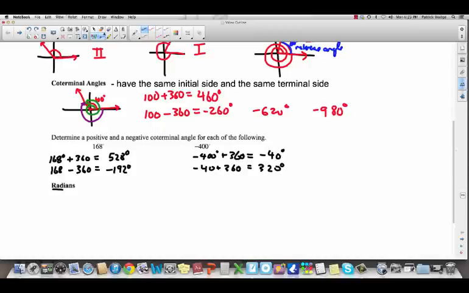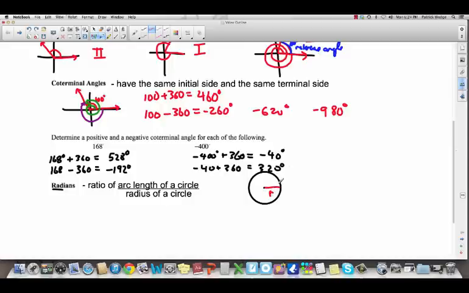So what a radian is, it's the ratio of the arc length of a circle divided by the radius of the circle. So, for example, let's put a circle here. First of all, let's draw the radius. Here's a radius here. There's a whole bunch of radii, right? An infinite number. But there's one way of looking at it. There's the radius. Let's call it r. That distance from there to there is r.